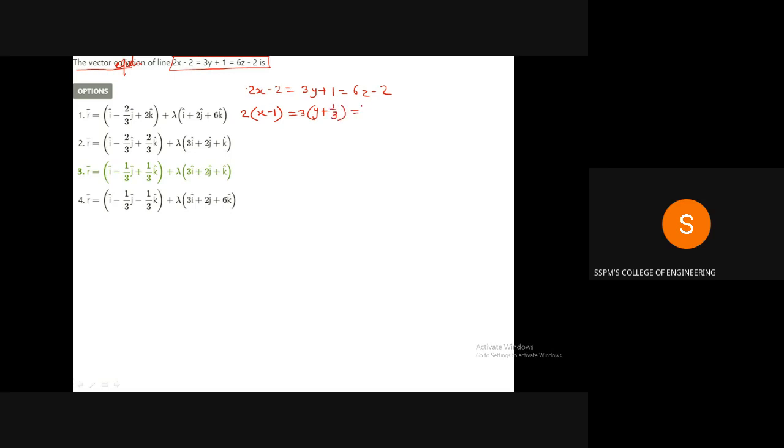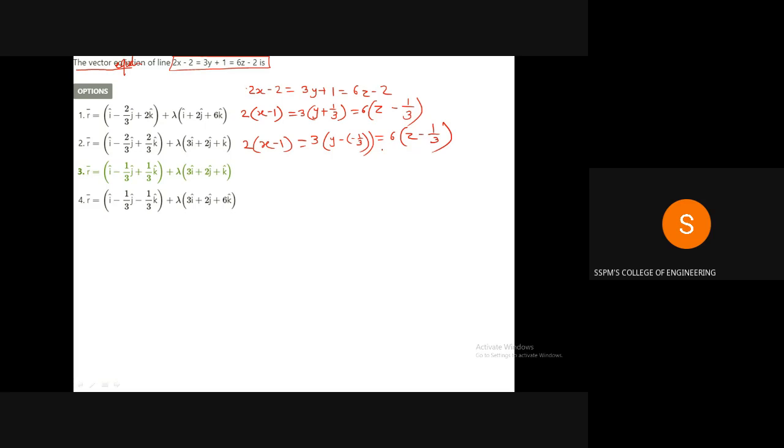Again, if we take 6 common, we have z minus 1 by 3. Okay. So in order to write this in standard form, we can write it as 2(x minus 1) is equal to 3(y plus 1 by 3) is equal to 6(z minus 1 by 3).